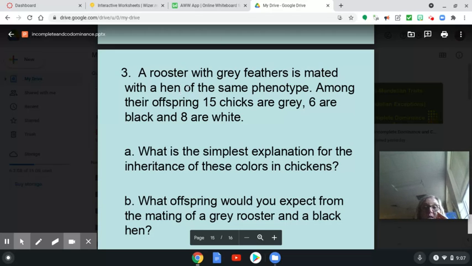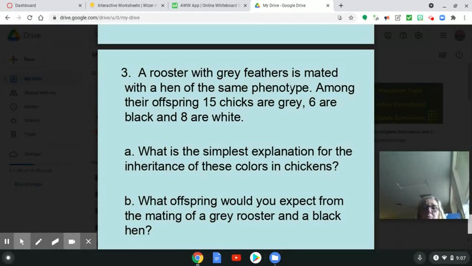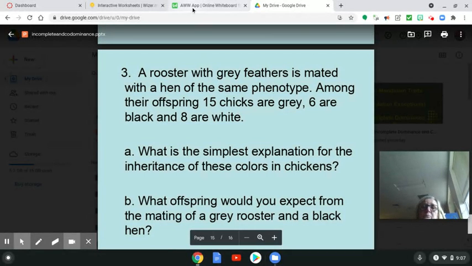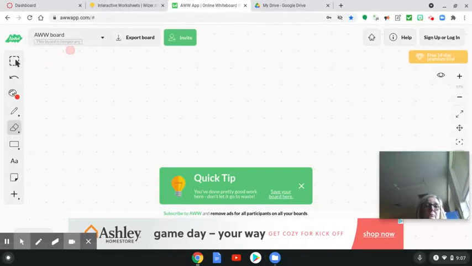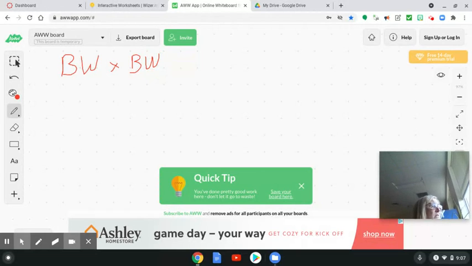Okay. So I am assuming if they're gray, you're going to have black and white, because that makes gray, crossed with black and white, because incomplete dominance is a blend of the two colors.